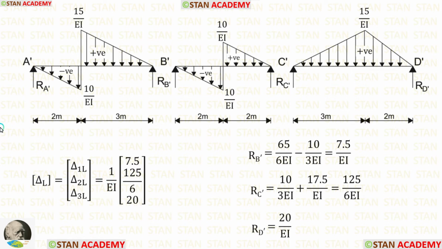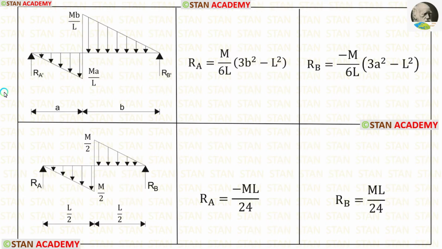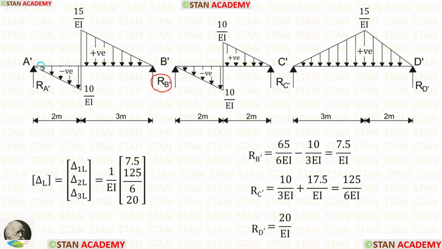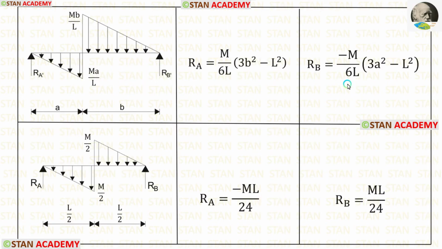We know that it is very difficult to calculate the reactions by taking moments. If you feel that it is very difficult, we can use the formulas and calculate the reactions. First, let us calculate RB dash in the beam A dash B dash. The formula is minus m upon 6L into 3a square minus L square.